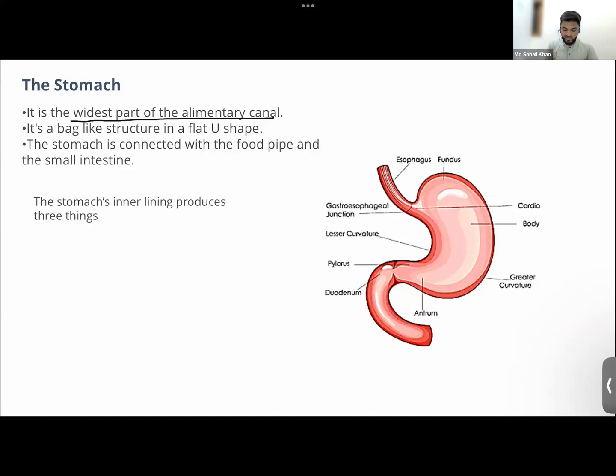Okay, remember the term widest. Lengthwise, it is the widest part of the alimentary canal. It's a bag-like structure in a flat U shape. The stomach is connected with the food pipe and the small intestine. So from here, it is connected to the food pipe. This is the food pipe, guys. And from here, it is connected to the small intestine.